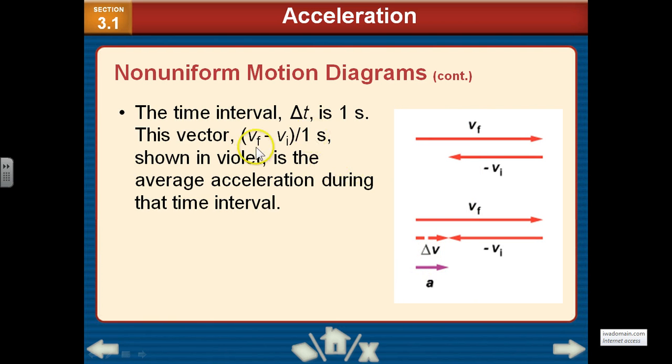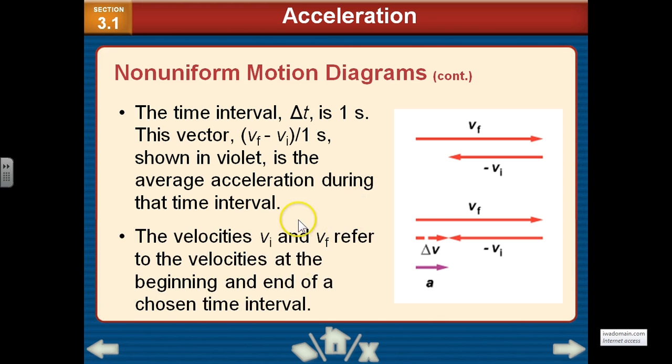So doing the calculation, since the time interval for our graphs here was 1 second, then in 1 second we change the velocity by this small quantity down here. That's going to become our acceleration. And here we're just saying that the velocity vi and vf refer to initial and final.